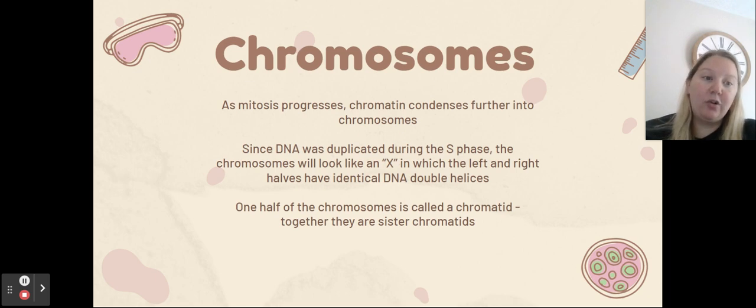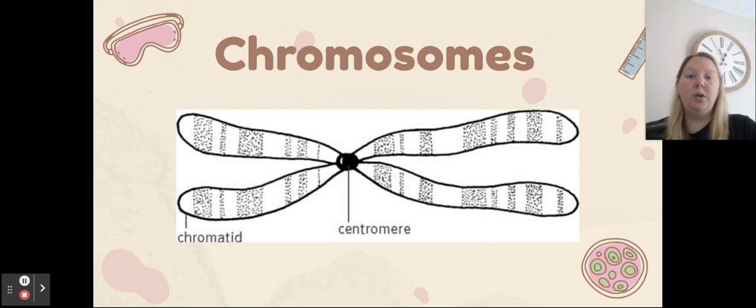One half of a chromosome is called a chromatid, and together they form sister chromatids. So one of these is a chromatid. Here's our centromere, that region that appears pinched. This is where our spindle fibers will attach, and when we put them together into the X shape, we get a chromosome.